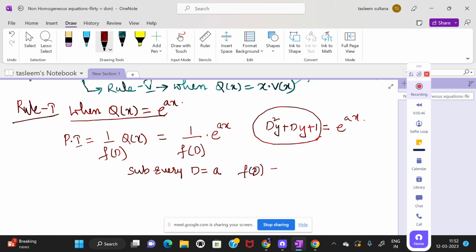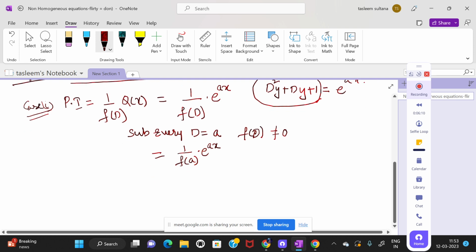Then PI equals 1 by f of a into e to the power of ax. This is case 1, where f of D does not become 0 after substituting D equals a. If it becomes 0, we go to the next case.